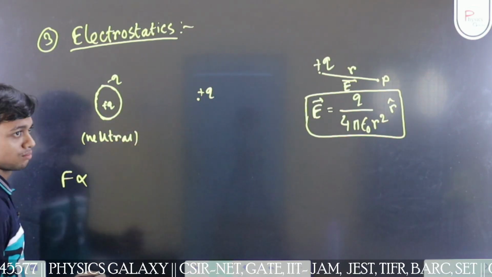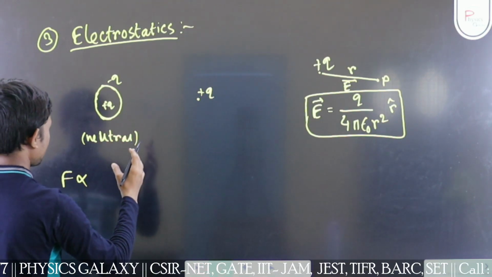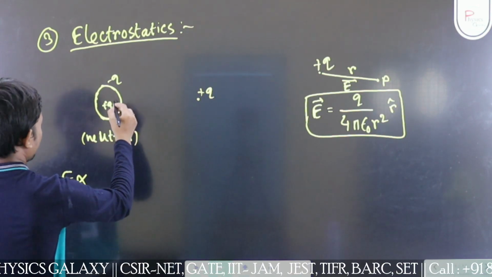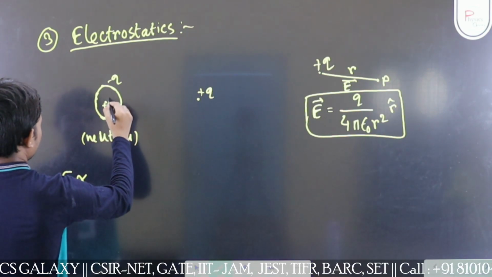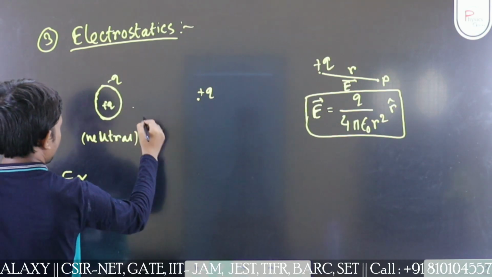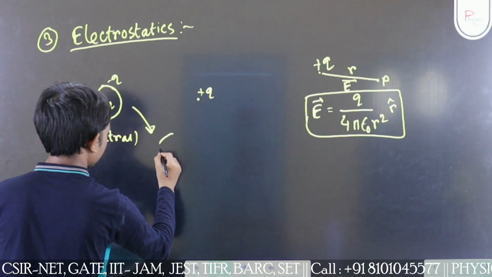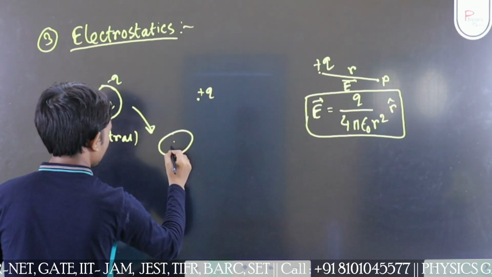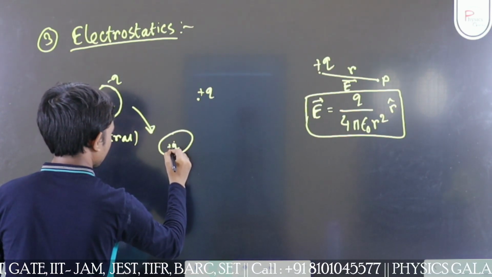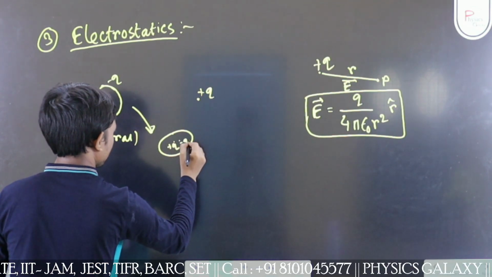Means polarization occurs in the atom, and a dipole will form, and after the effect it will look like q and minus q.